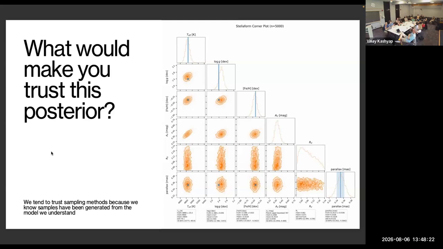Or maybe trust is the wrong word, but you can interpret what your posterior is doing through the posterior predictive and see how it fits. You can see if there's a reason not to trust it. Yes, exactly, comparing the fit against the data, at least seeing if it's consistent. There's a whole other story about what happens at the posterior level, but ultimately we can go back and see if it's consistent with the data.